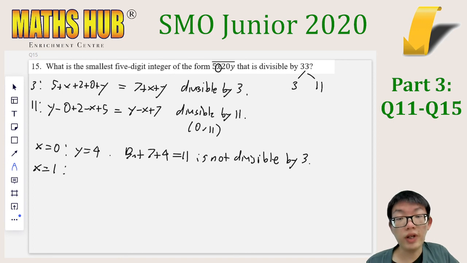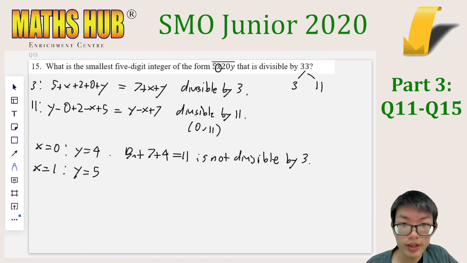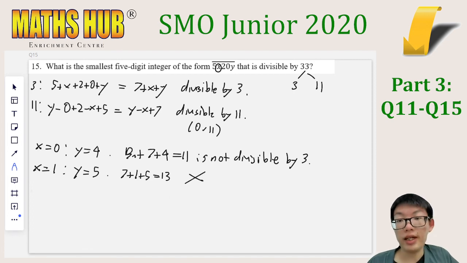If x equals 1, then y minus 1 plus 7, so y plus 6 is divisible by 11. That means y is equal to 5. Now 1 plus 5 plus 7 again doesn't work. So this doesn't work. And if we try the next one, x is 2 and y is 6.